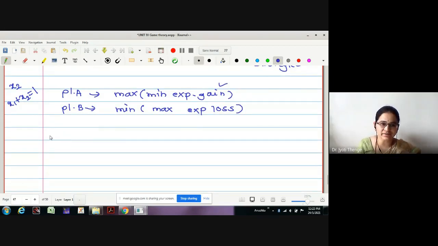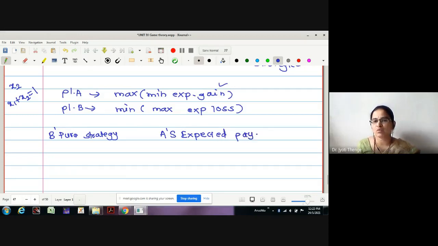Here I will write B's pure strategy. That is, if B chooses to play a pure strategy, then we will find A's expected payoff. What is the payoff? We know it is exactly the gain.